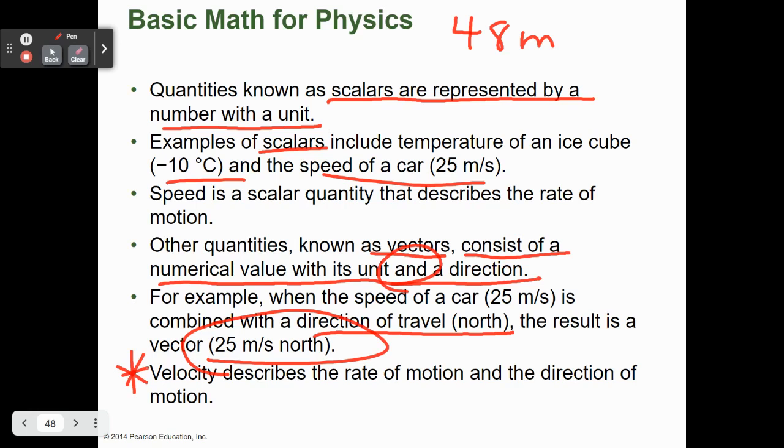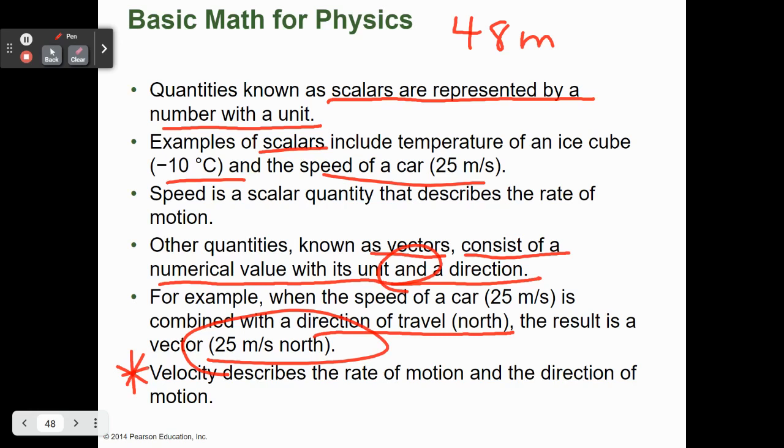Yes? So, question. Velocity, okay, so that stems from the word vector, I guess. Well, yeah. But there are other vector quantities. Is velocity just like the dimension of speed, while vectors could be whatever other dimension? Exactly, yes.